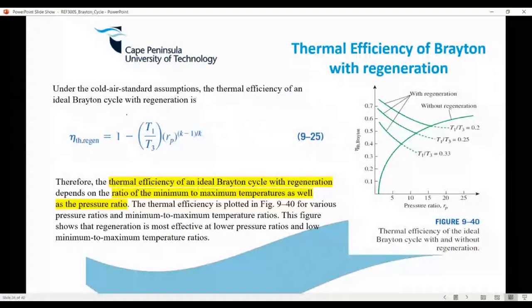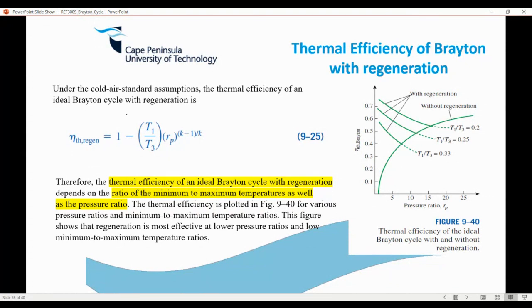I think I did touch on this briefly, but using your cold air standard assumptions, you can always get this beautiful thermal efficiency model. Make sure you know this, and I'm saying it now. What I might ask is just a basic application: what do you expect if you increase the ratio of T1 to T3?